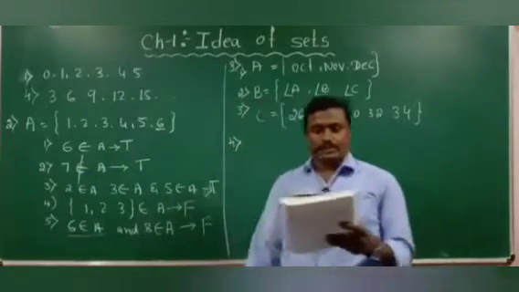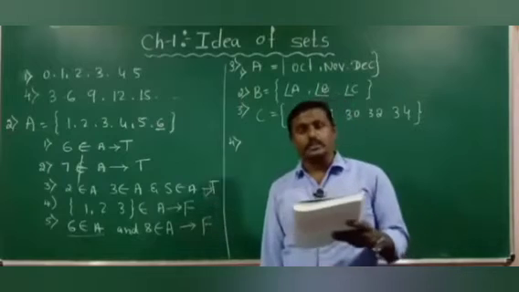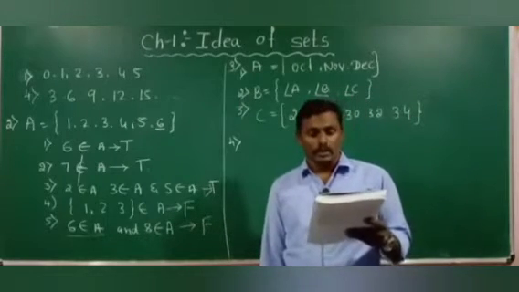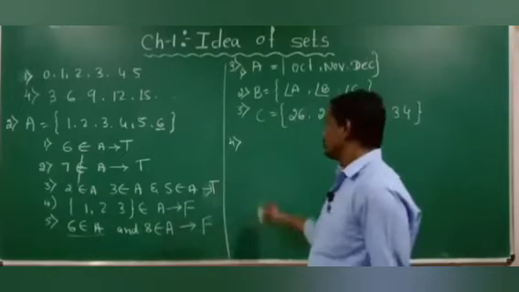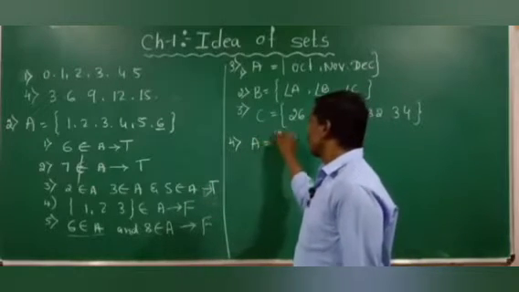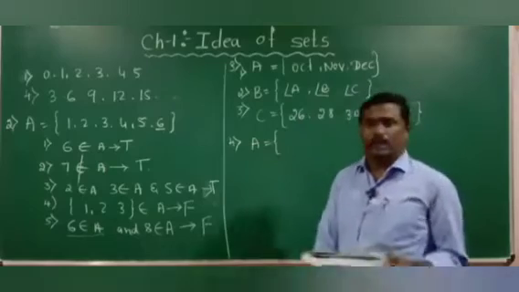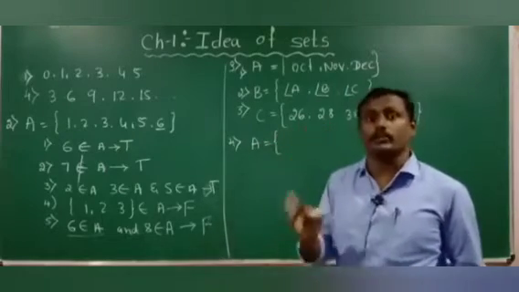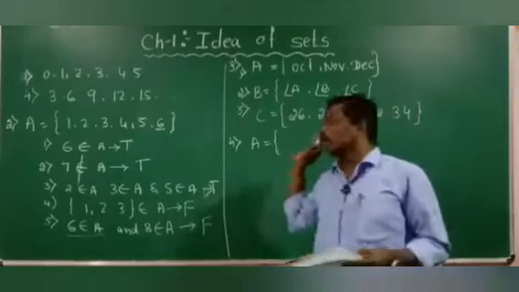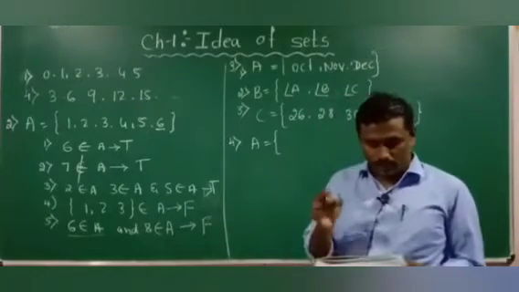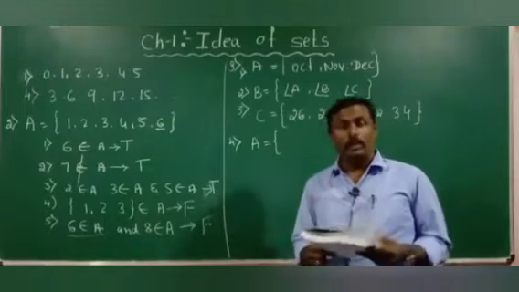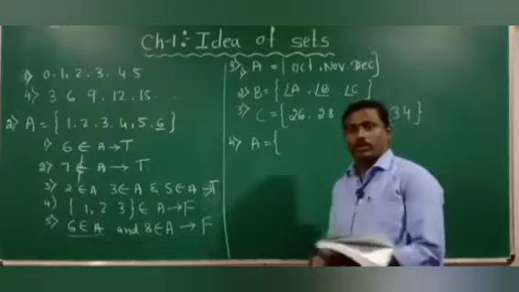First one, the set of the even integers between 11 and 21. That set I am considering it as a set A. You can take here A, B, C, D. You can take any capital letter from A to Z to represent a set. Okay. So the first one is the set of the even integers between 11 and 21.